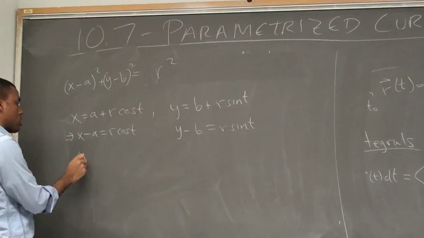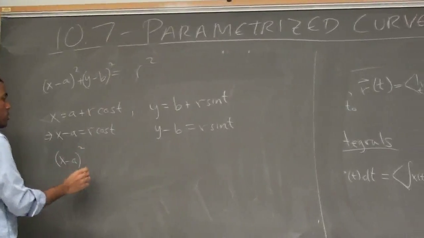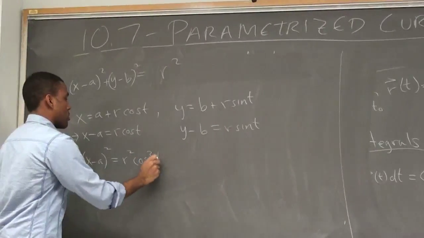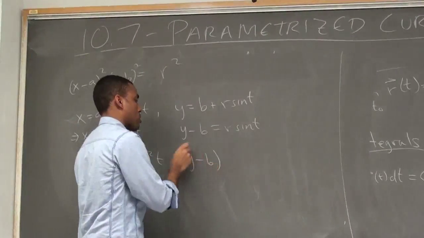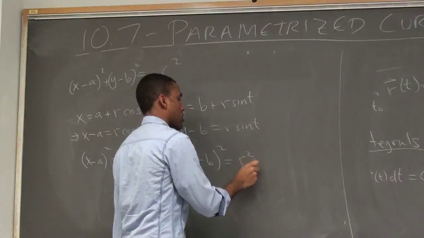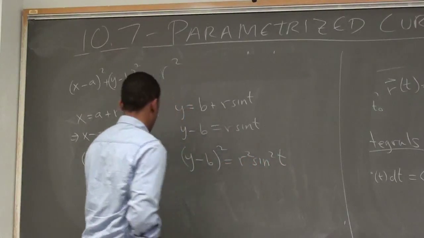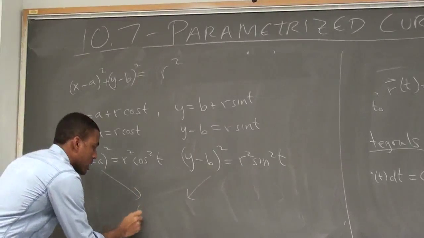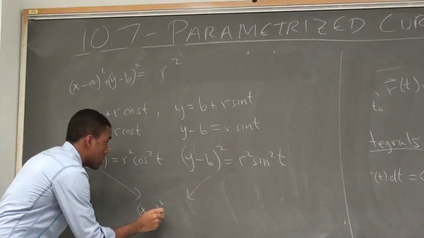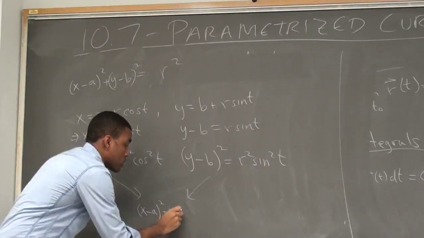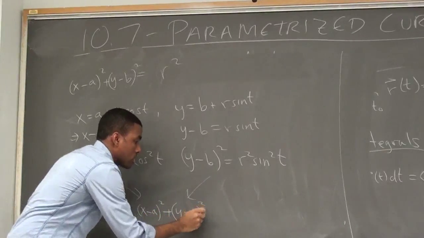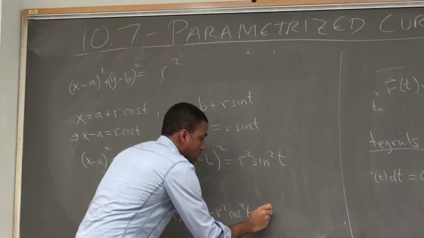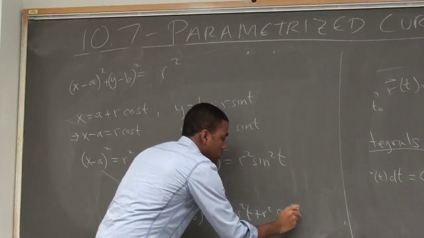If I square these two, and now I add them, right? So I would get X minus A squared plus Y minus B squared would give me R squared cosine squared plus R squared sine squared.